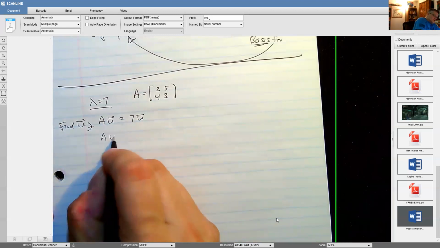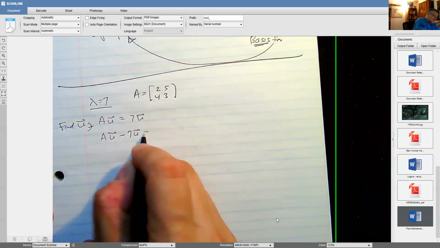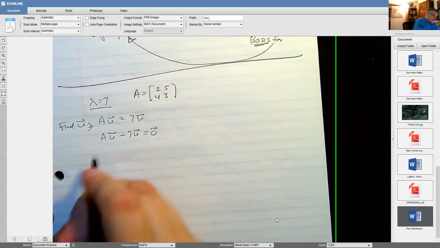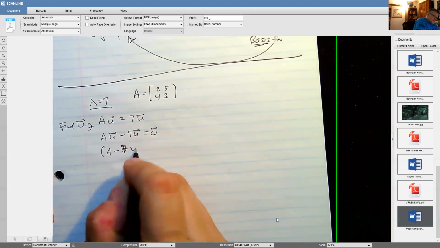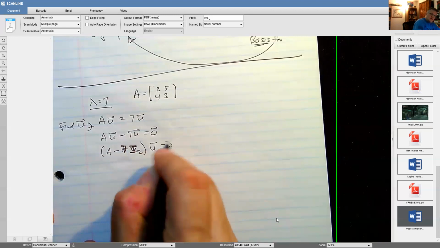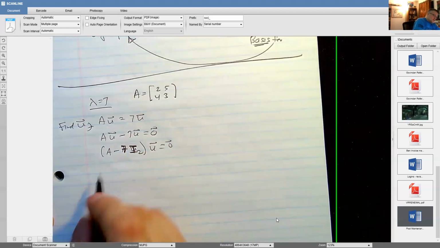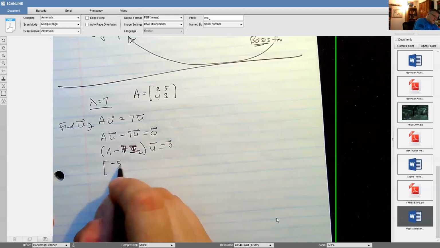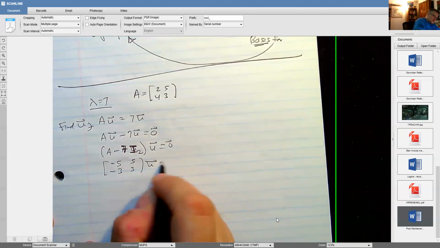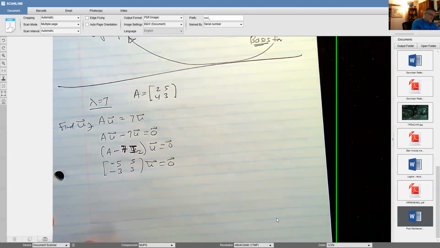Take the 7u to the left, and this is equivalent to A minus 7 I2 times u equal to 0. Subtract the 7 off the diagonal of A. So I have -5, 5, -3, 3 times u equal to 0.